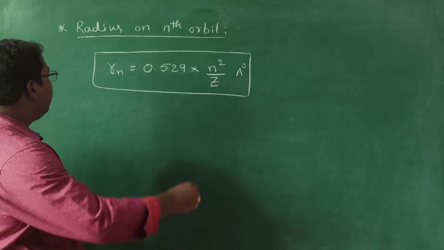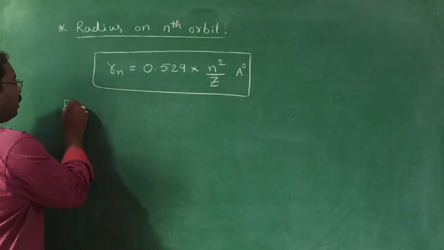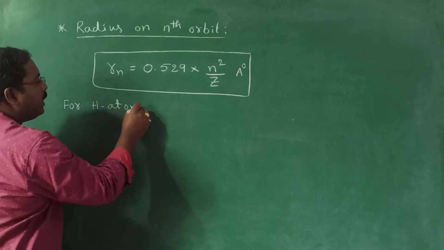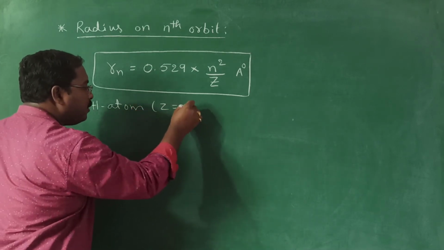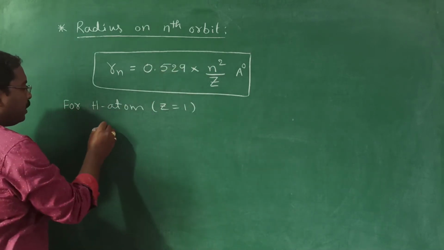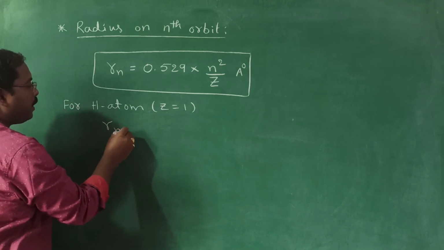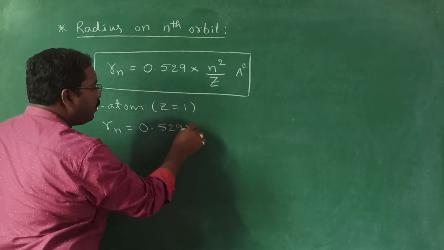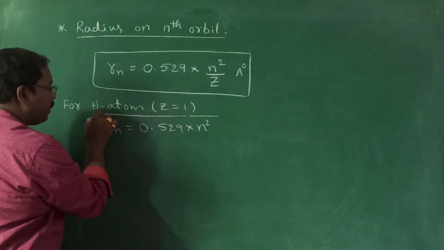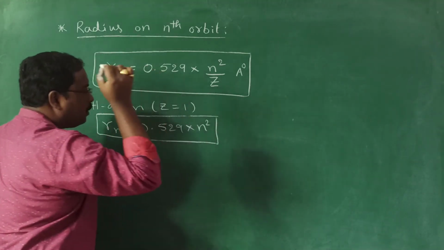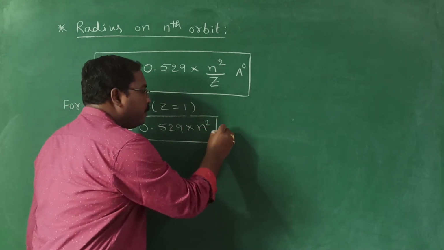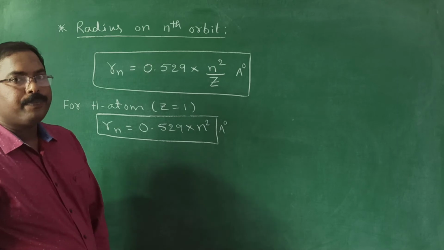For example, for a hydrogen atom the atomic number is 1, so z value is 1. So the above formula for the hydrogen atom becomes 0.529 into n square. Understood? The unit of this is angstroms.